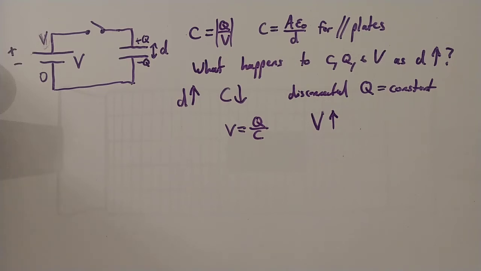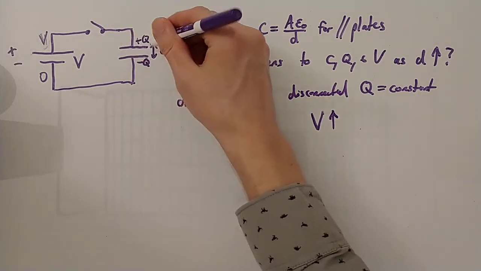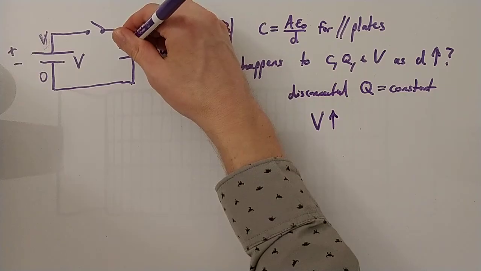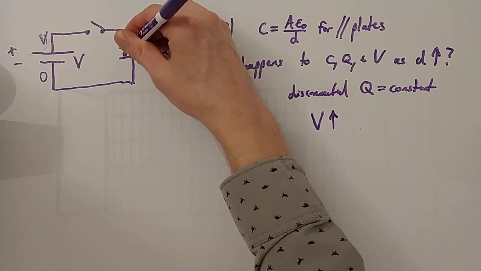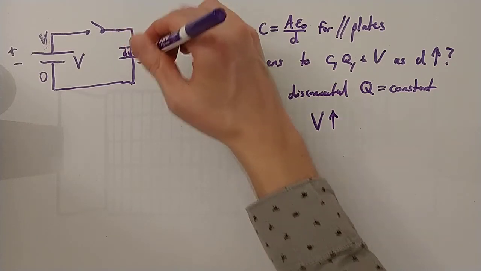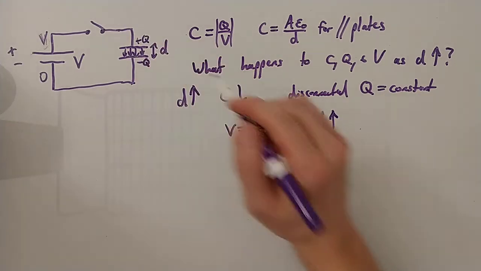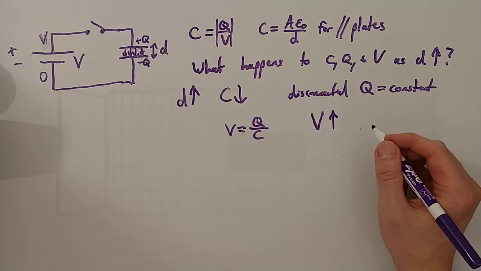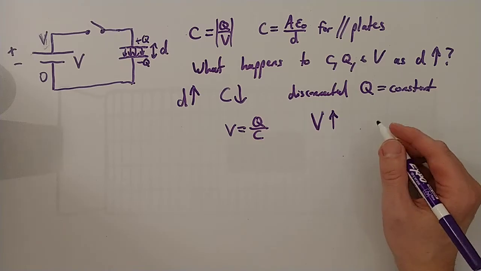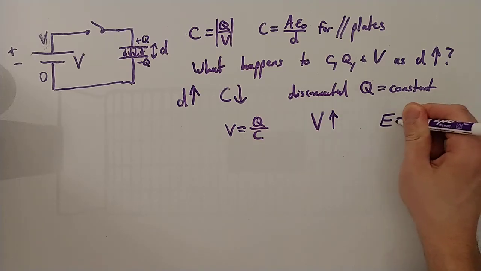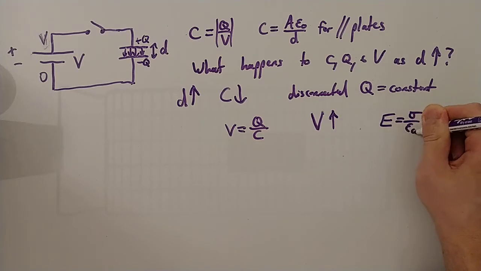I'll just make a side note that we said that there's some electric field in this capacitor, and what we worked out in previous videos is that that electric field is constant for a given charge. And so if the charge is constant, then that means we had that E was sigma over epsilon naught.